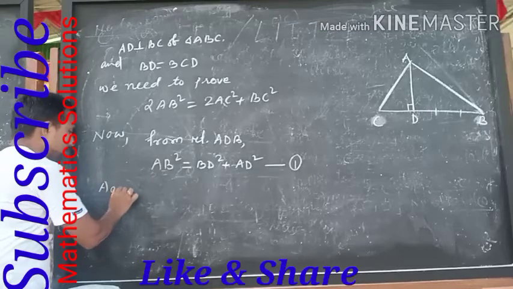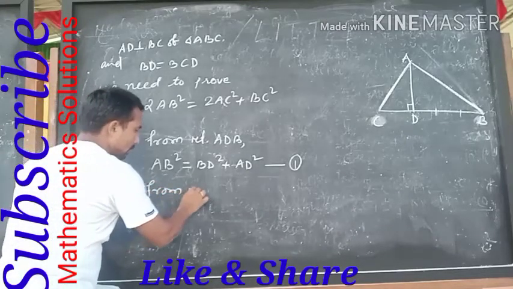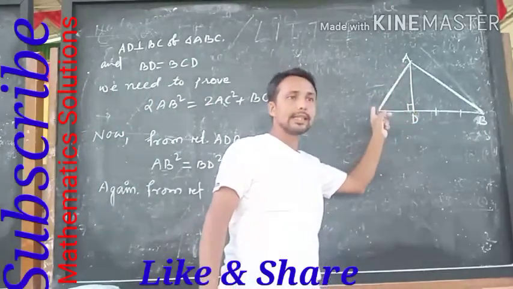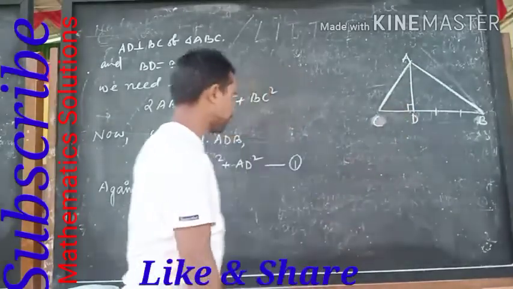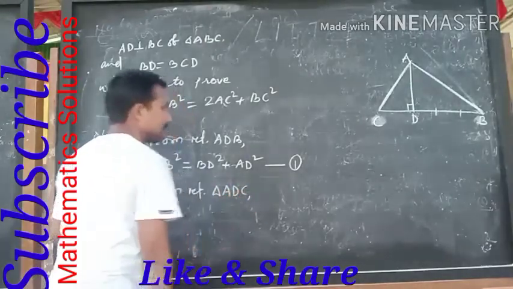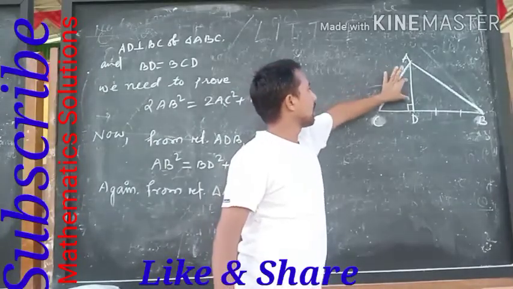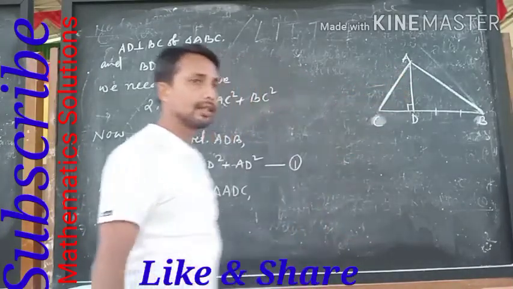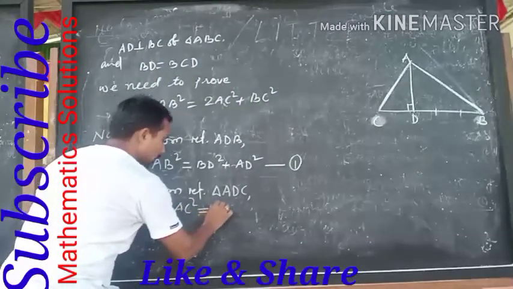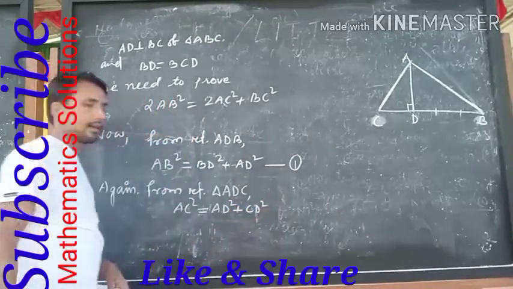Again, from the small right triangle ADC, we have hypotenuse AC square equal to AD square plus CD square.